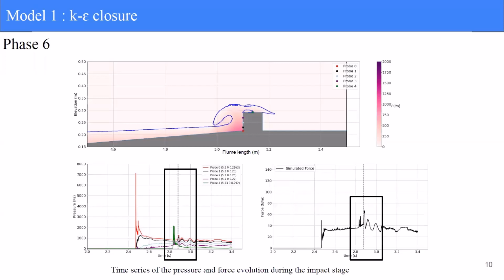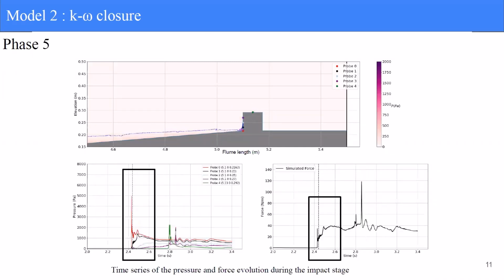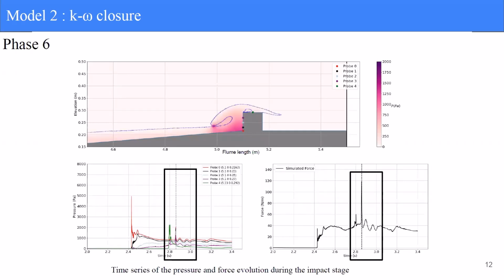Using the K epsilon closure, we found that the second peak is higher than the first peak, which is aligned with the literature. Using the K omega closure, we found the same tendency, but the impulsive first peak is much lower than what we found using the K epsilon closure. We also found that the second peak, happening after the closure of this air cavity, is much bigger than with the K epsilon model.